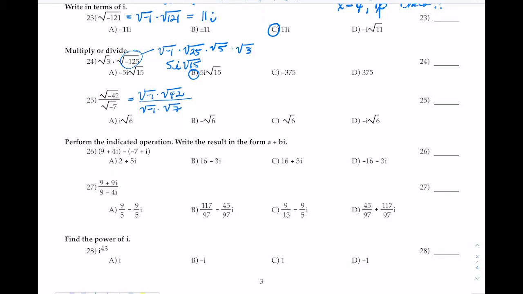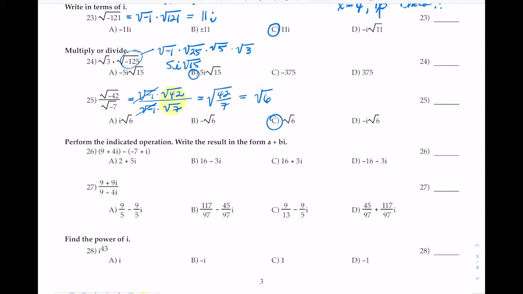Okay, now you know that these are both i's, so they're going to go away. And we can divide now. The square root of 42 divided by the square root of 7 is written like this, and that would just equal the square root of 6.